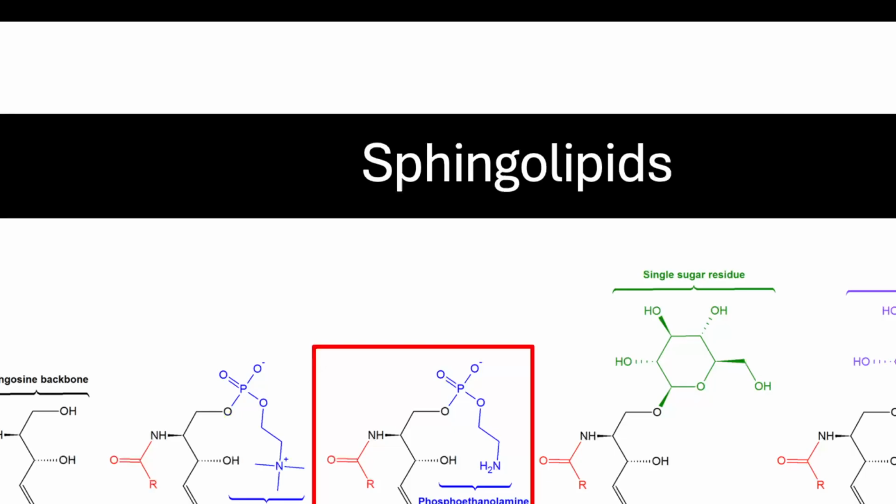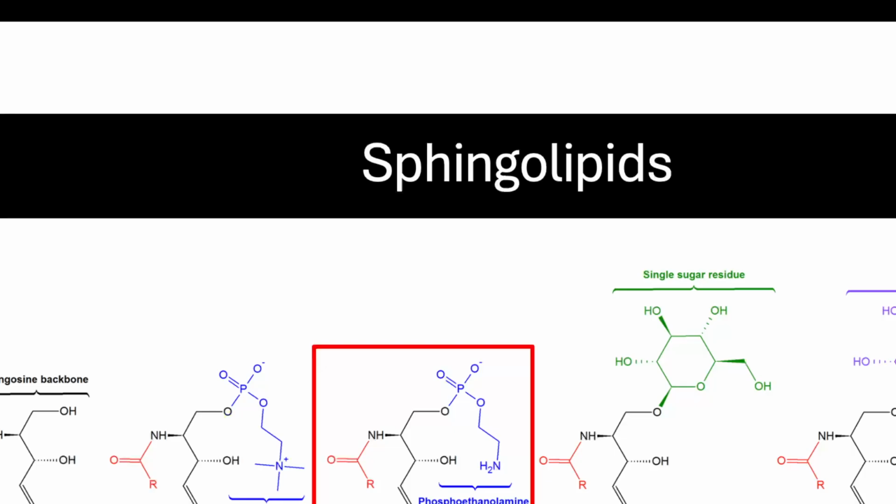So this is a slide displaying all the kinds of sphingolipids that occur in our body and our candidate, which is sphingomyelin. This is a long chain fatty acid and this is the COOH group here. We have a phosphoethanolamine group here, while the other carbon has an amino group attached to the fatty acid, right?